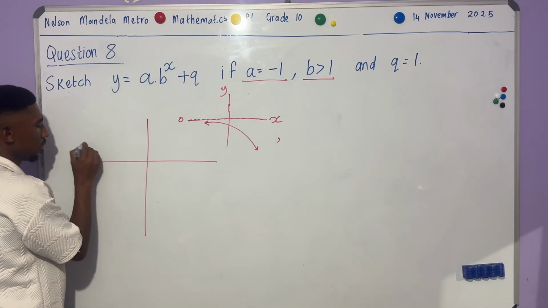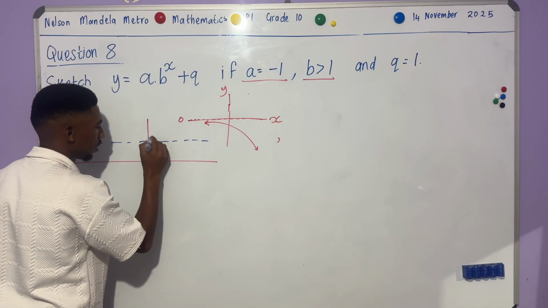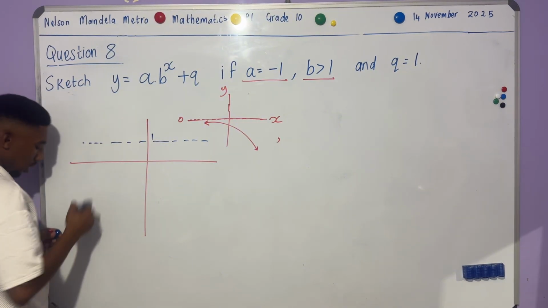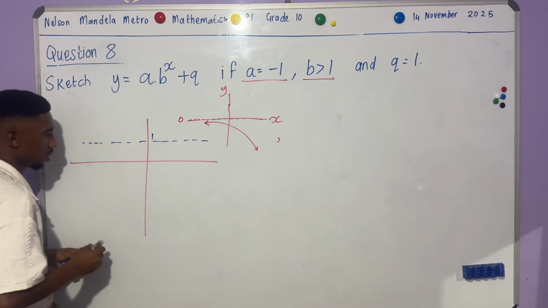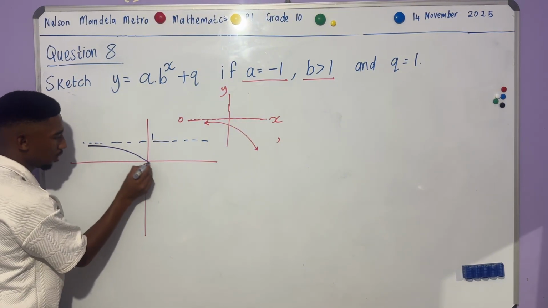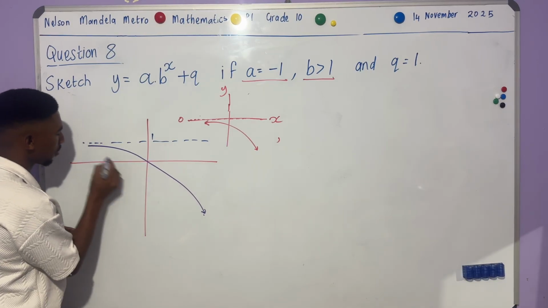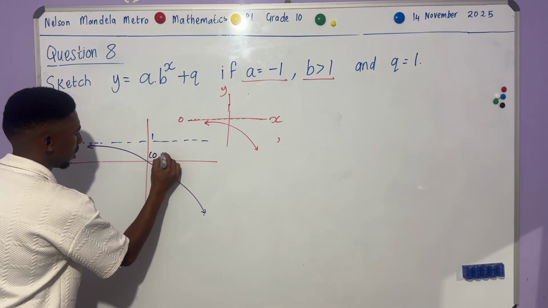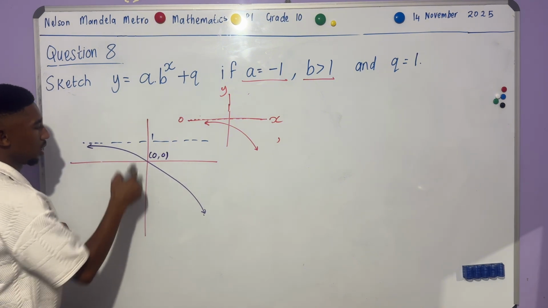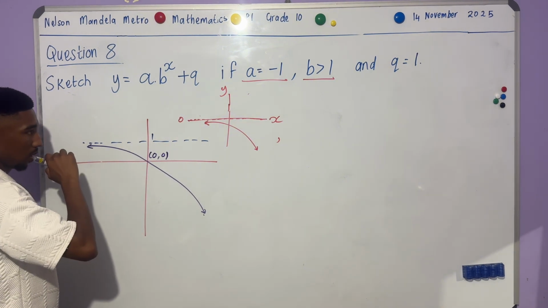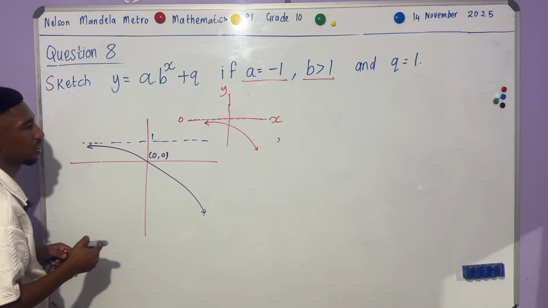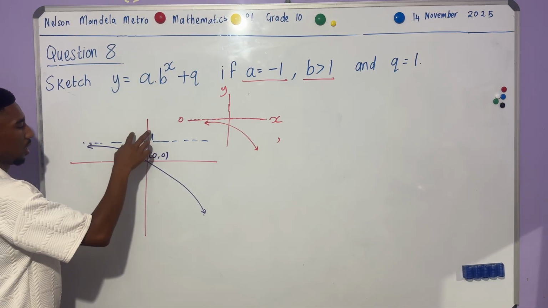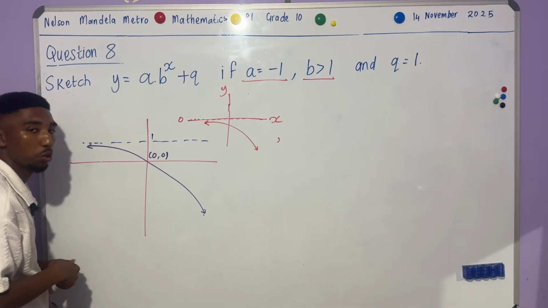The asymptote is now at 1, and the graph itself will go there and through the origin, that would be 0, 0. That is the asymptote and the shape. So those are the 3 marks you'll be getting: the asymptote, the shape, and 1 point.